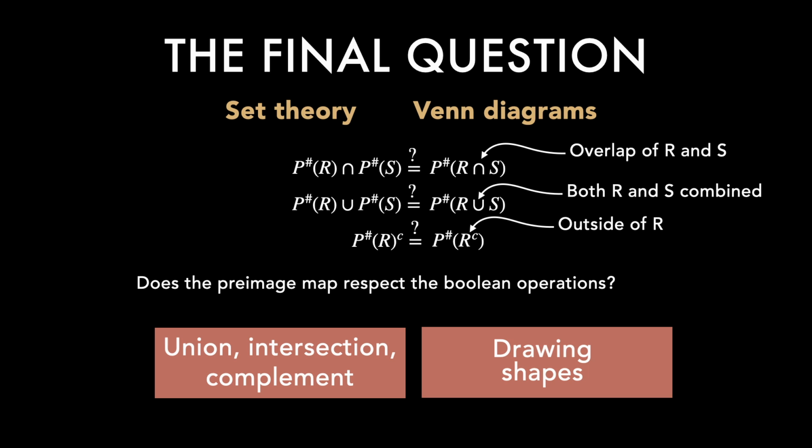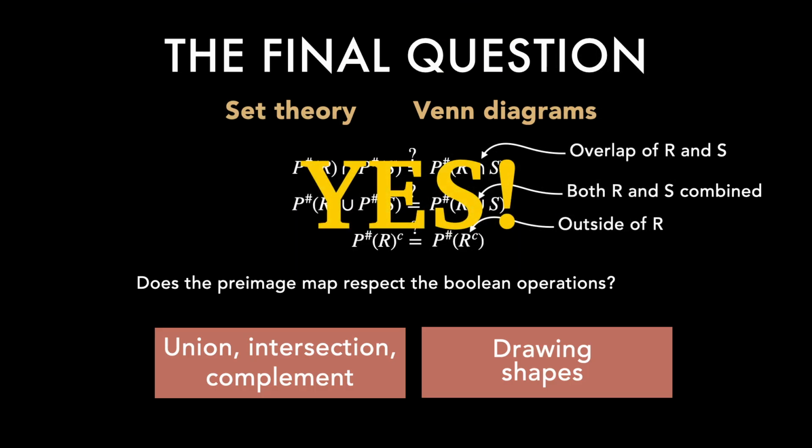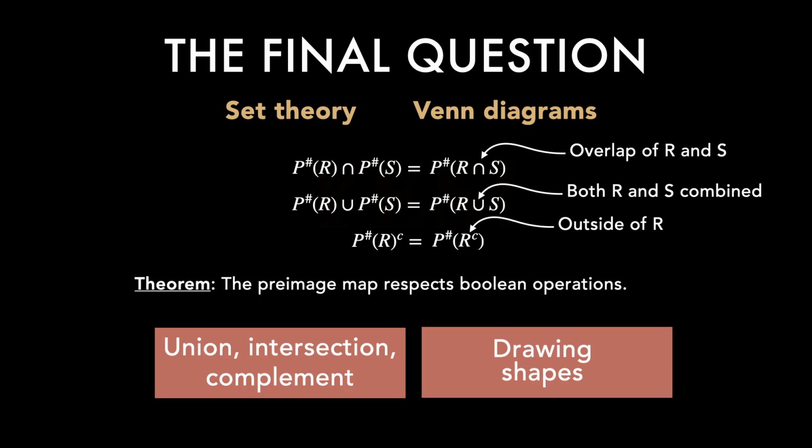In fact, we can draw blobs and reason with Venn diagrams if all these three operations work. And does it work? The answer is yes. So this becomes an exercise in set theory. In fact, it's a really simple exercise that I urge all of you to do, and prove the theorem that the preimage map respects Boolean operations.